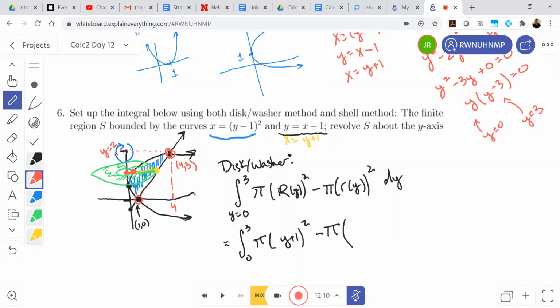And luckily for us, that's already given in this nice form. So that's pi times the smaller radius, y minus 1 squared. And then we're going to further square it. All right, and let's leave that there. We don't actually want to compute that integral, but we have set up this disk/washer method appropriately.